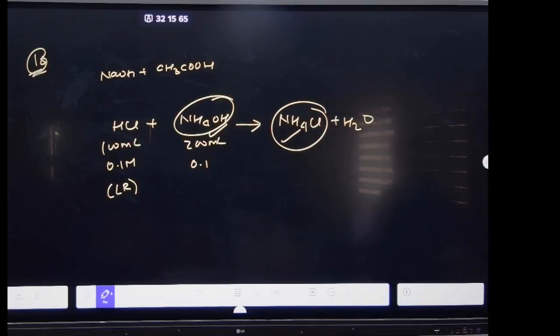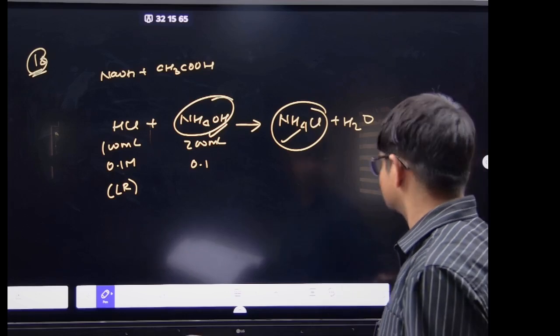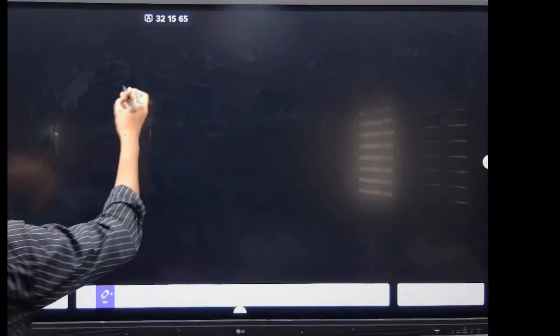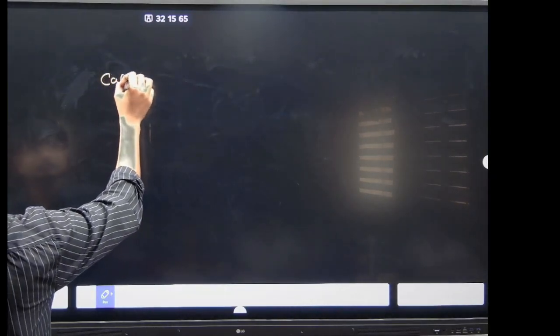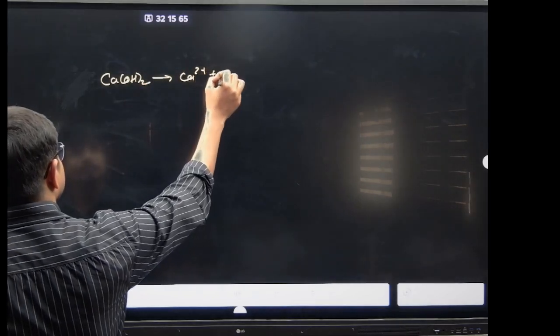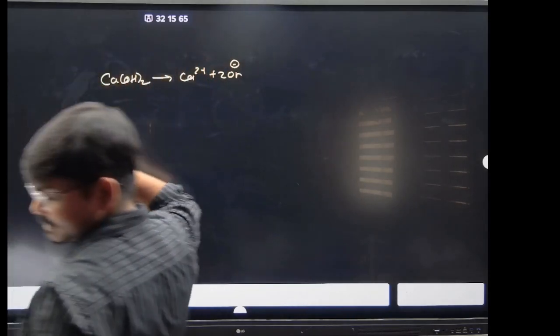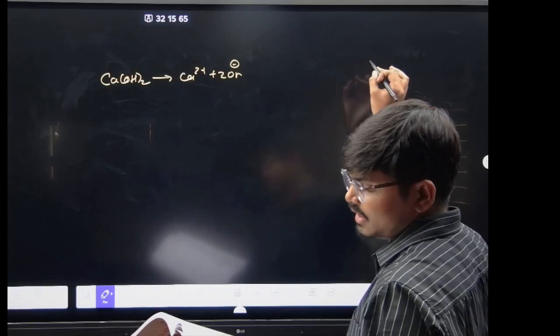Question number 19. pH is given as 9, right?